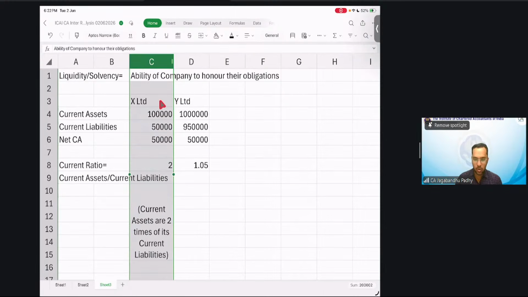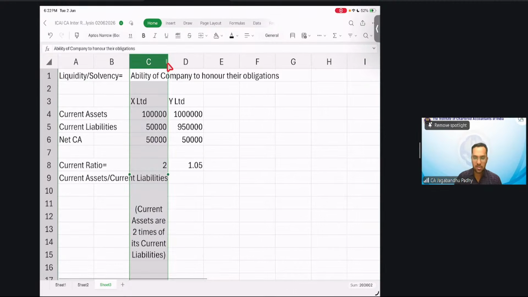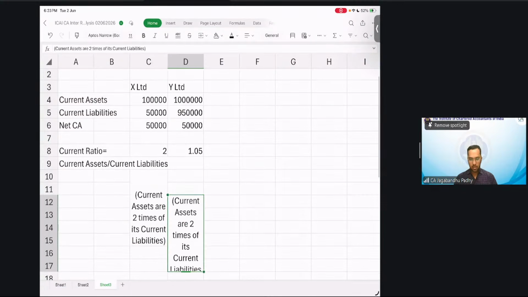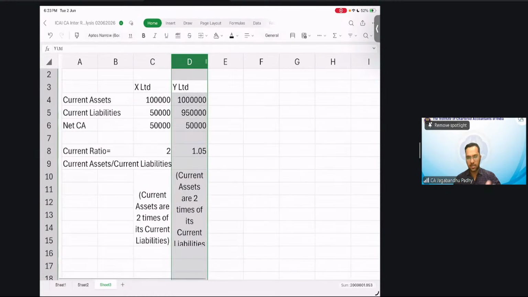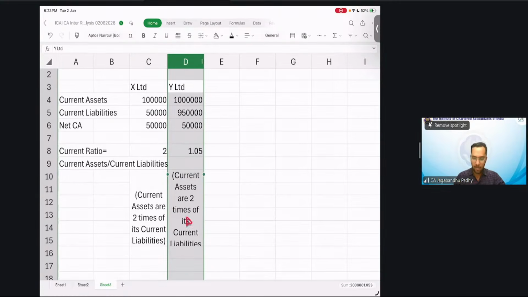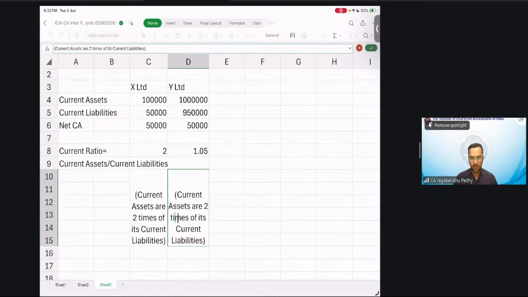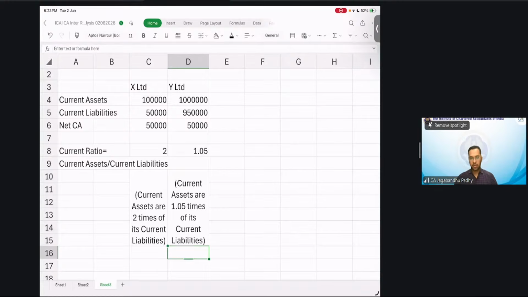Current assets being 2 times its current liabilities, that's your first company. And when we look at the second company, we get this number as current assets being 1.05 times its current liabilities.